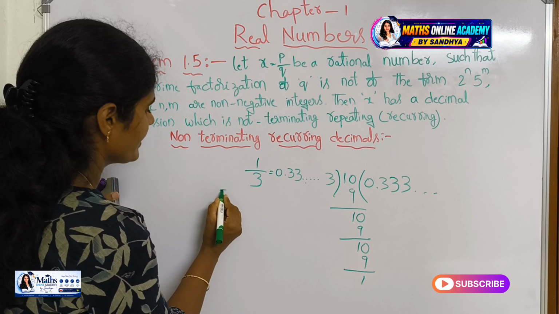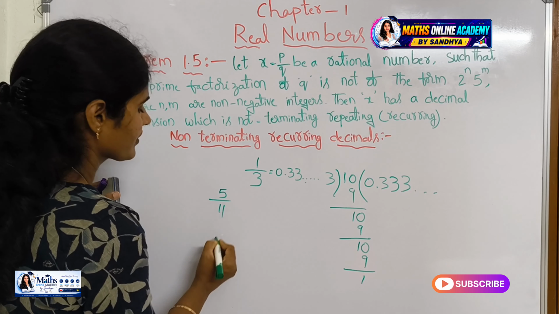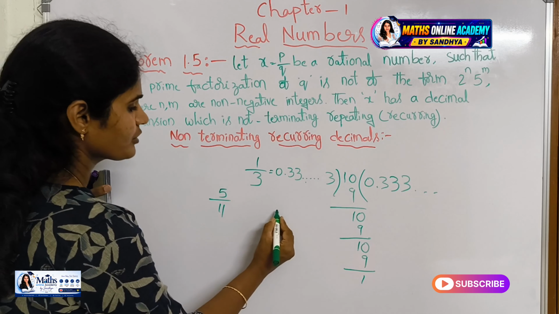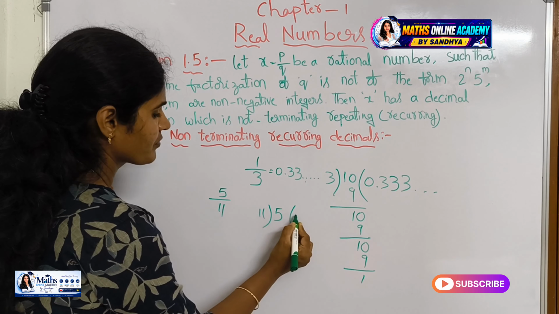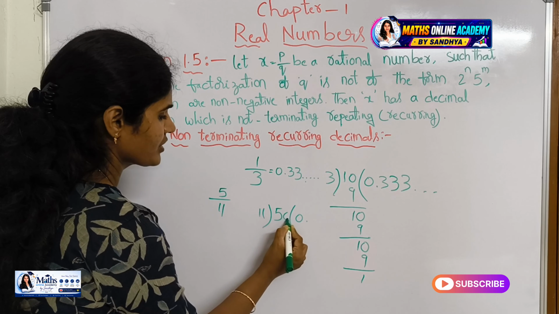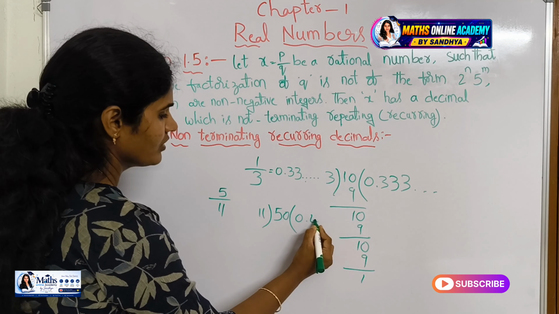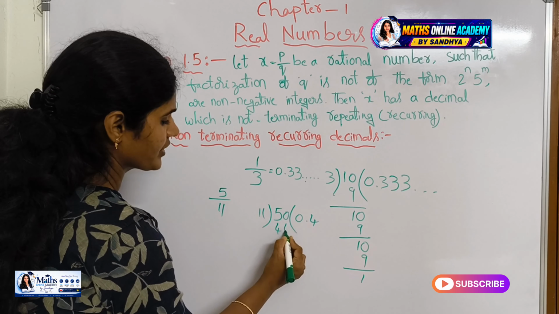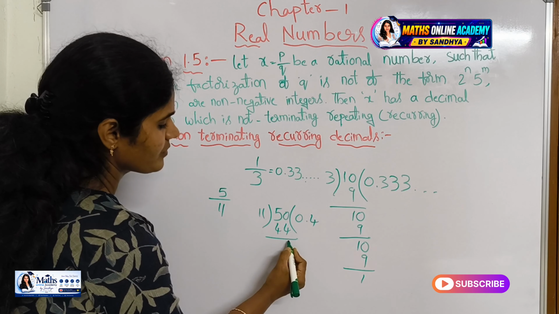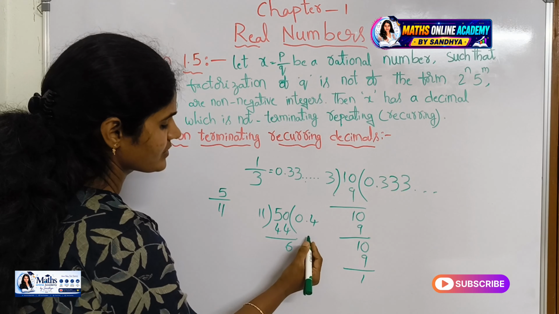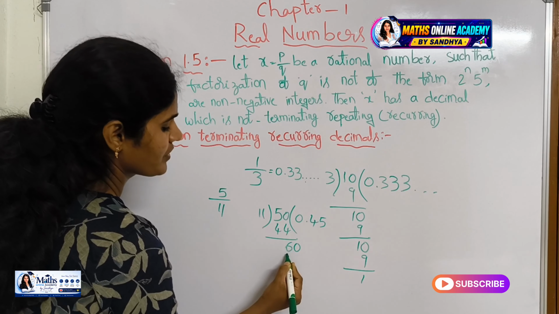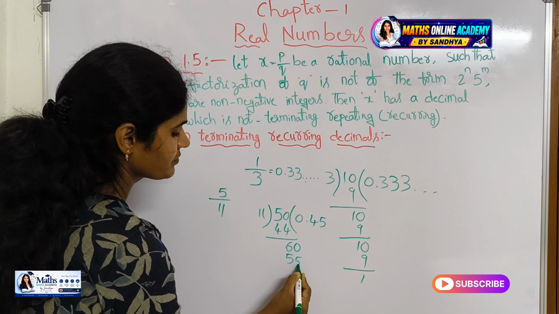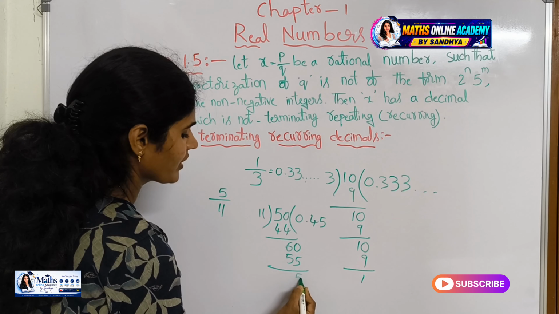For example, 5 by 11. See, here also you divide 5 by 11. 0. 11 4s are 44, and again here remainder 6. So 0, 11 5s are 55, and here the remainder is 5.